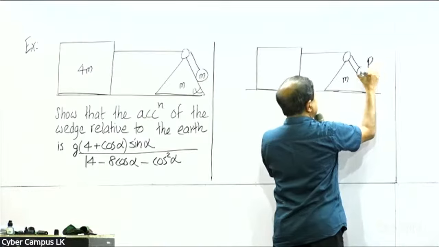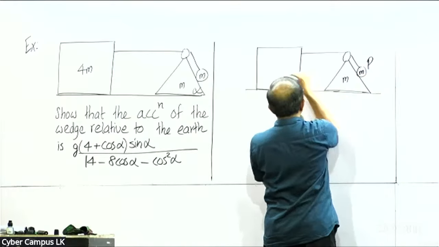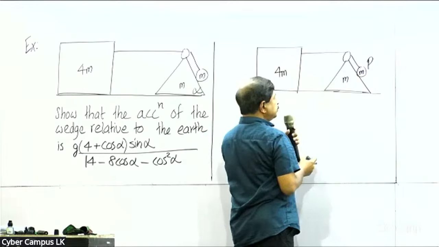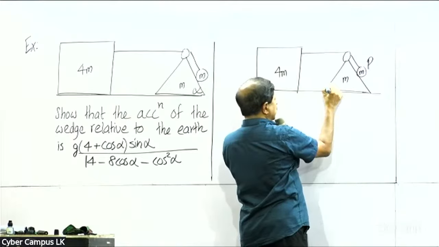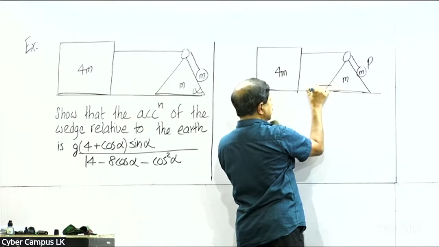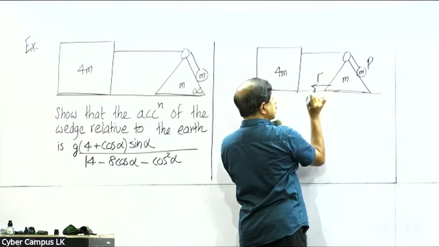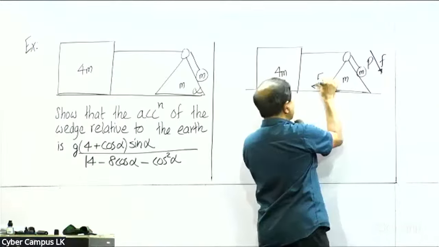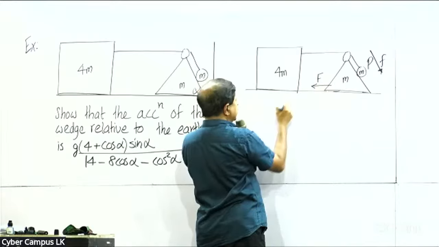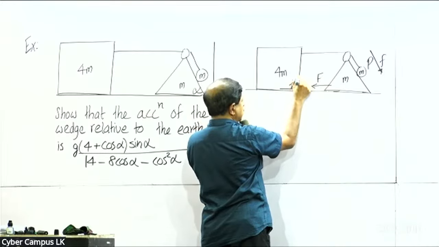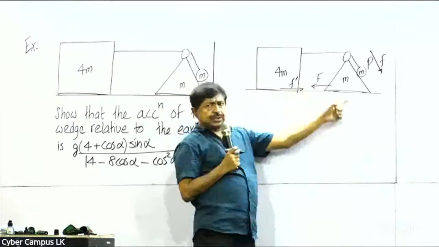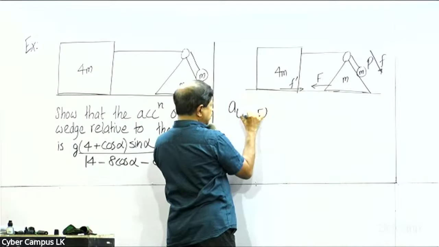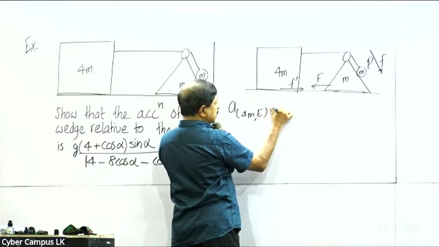I'll take this as P. The acceleration of this can be taken as capital F. I take this as F dash. Now, both are placed on the table. Therefore, the acceleration of 4m related to the Earth is this.